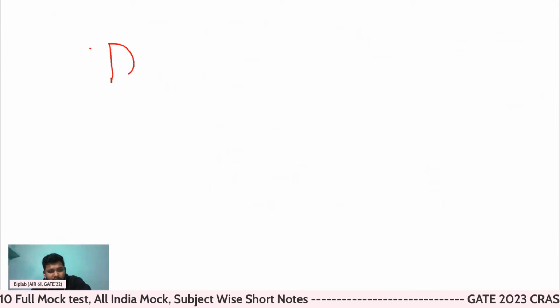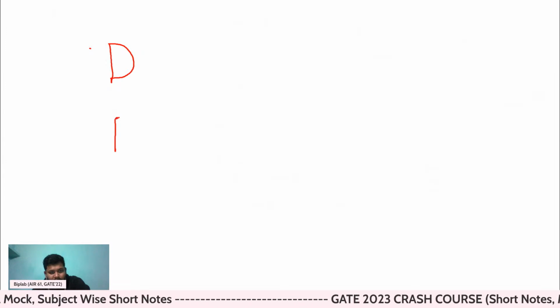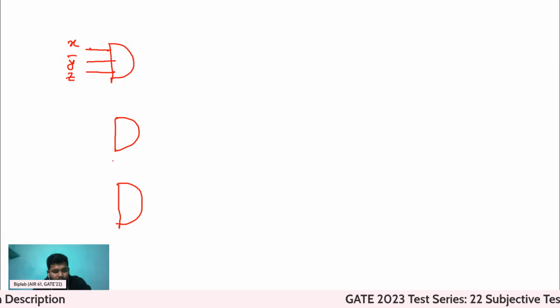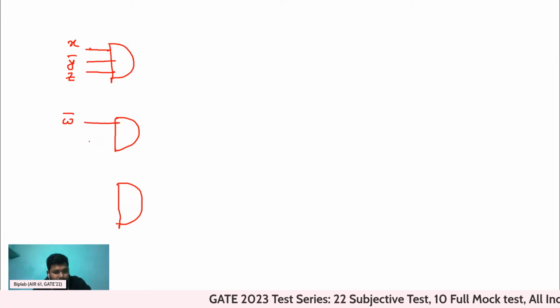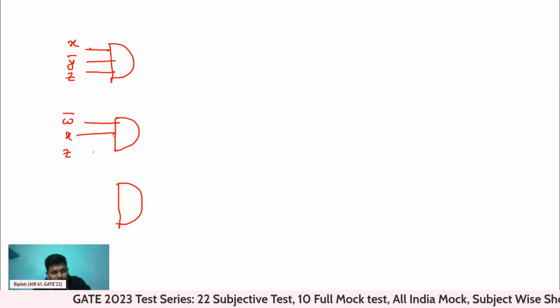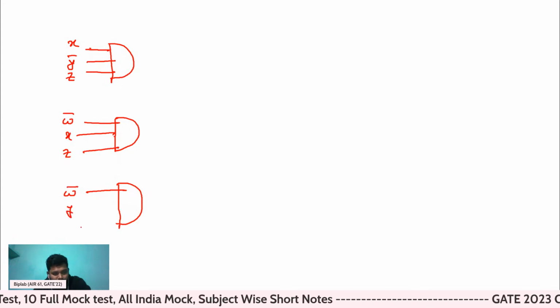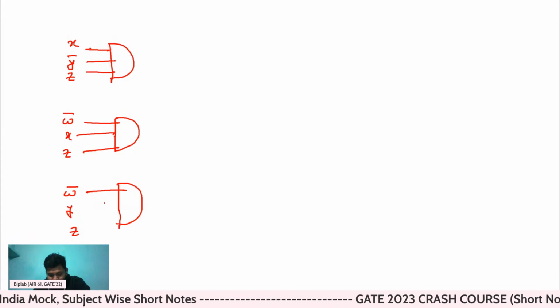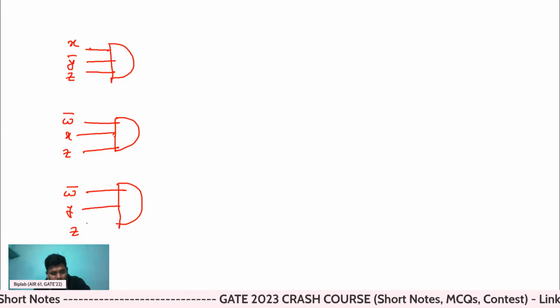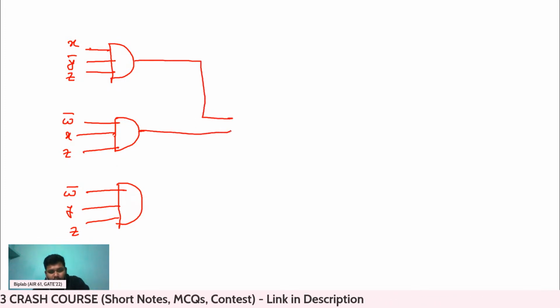So you have three AND gate, and the inputs to these three gates are, one is X, Y bar, and Z. Another one is W bar, X, and Z. Here you have W bar, Y, Z, and you are adding all these.